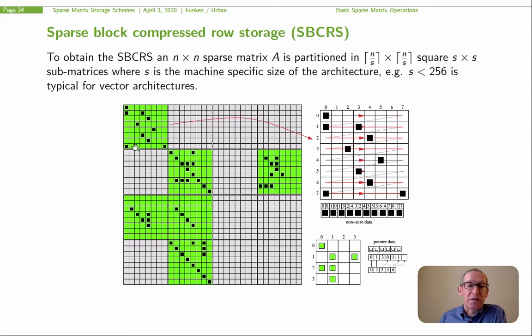Additionally, to be more efficient, we can use some ordering. For example, we store the entries of each subblock row-wise, collecting them together, so that we have this full vector of matrix entries, and for each entry we have the row and the column index.